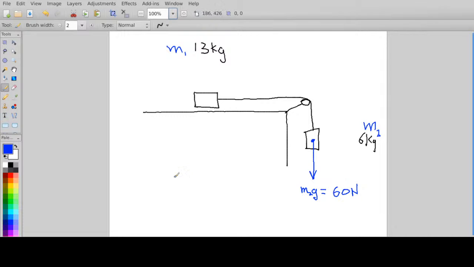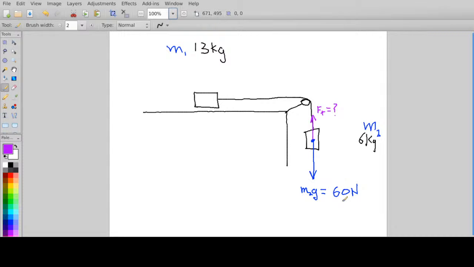It isn't. What's holding it up is the string, so you have a force of tension, Ft, straight up. When this thing was accelerating in part A, we couldn't say what Ft was, because Ft had to be less than 60.